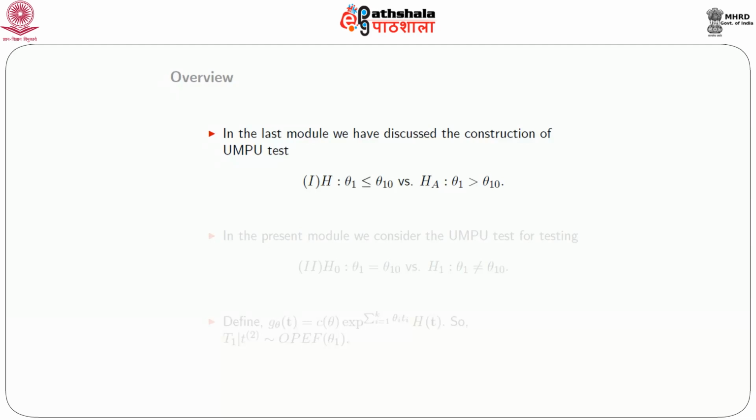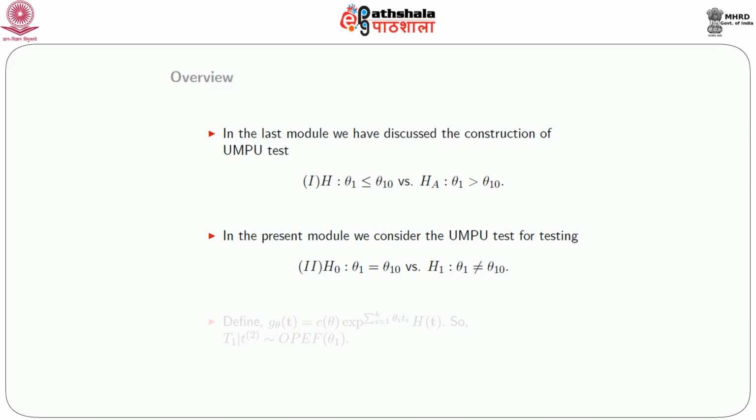In the last module, we have discussed the construction of UMPU test for H0: theta 1 less than or equal to theta 1 naught versus Ha: theta 1 greater than theta 1 naught. In the present module, we consider the UMPU test for testing H0: theta 1 equal to theta 1 naught versus H1: theta 1 not equal to theta 1 naught.